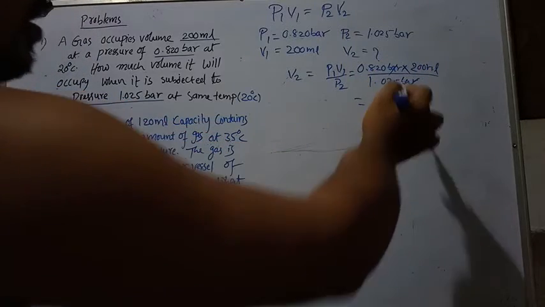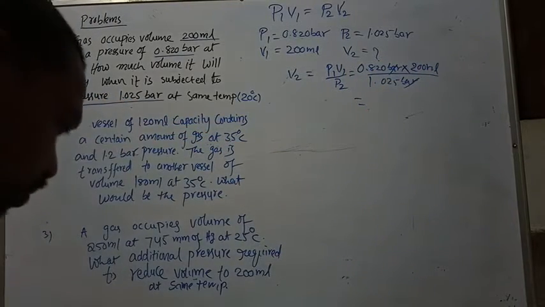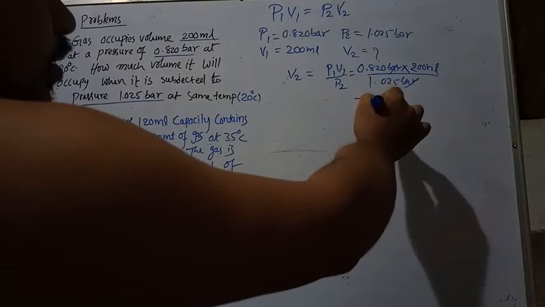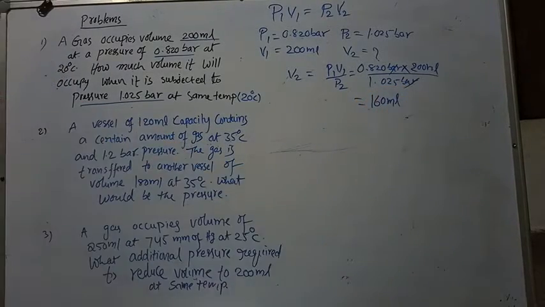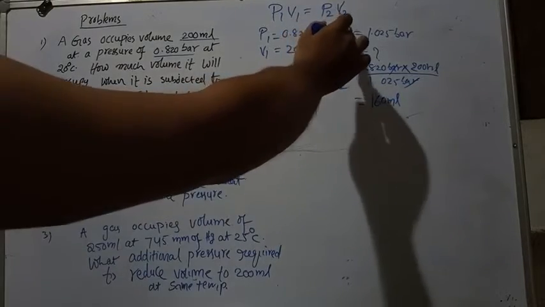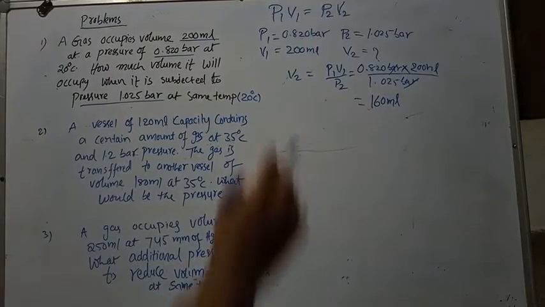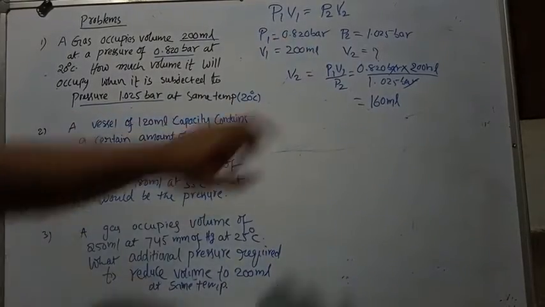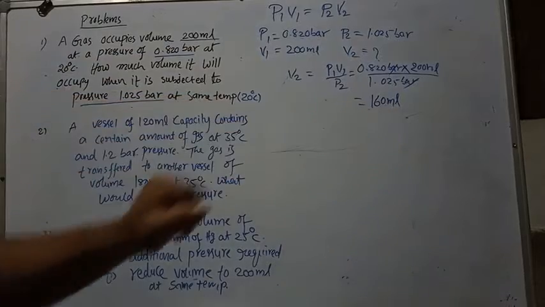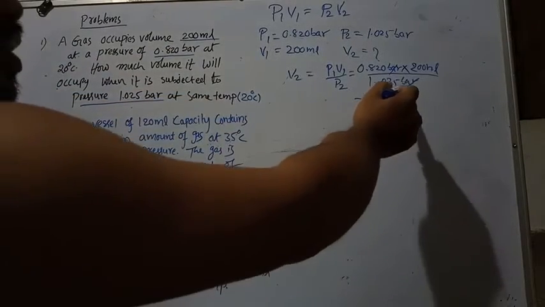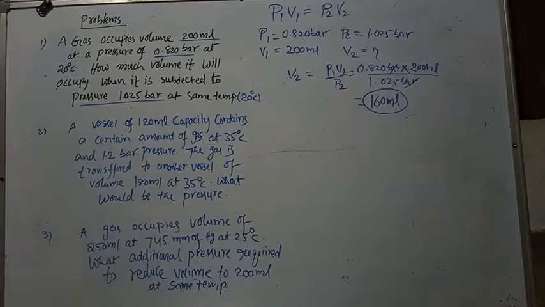Bar cancels. So if you solve that, volume will be 160 ml. At this pressure volume was 200, when the pressure is increasing, volume becomes 160 ml. Sometimes in the answer you may not get 160 ml, it will be converted into liters.